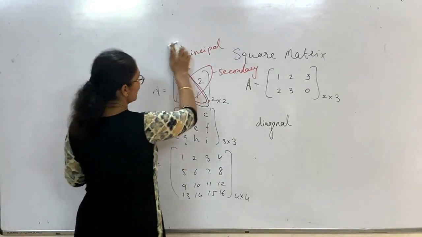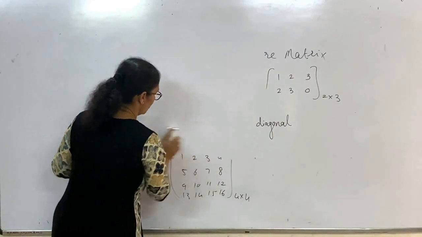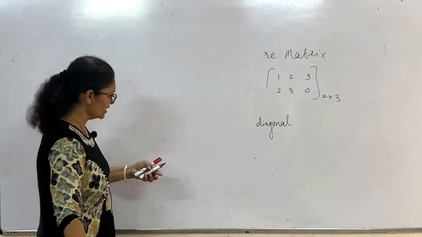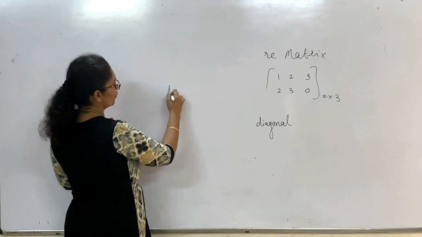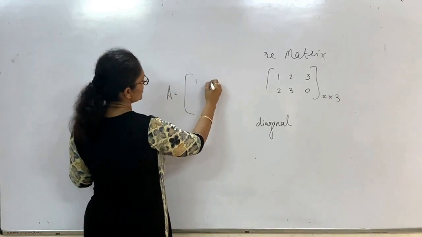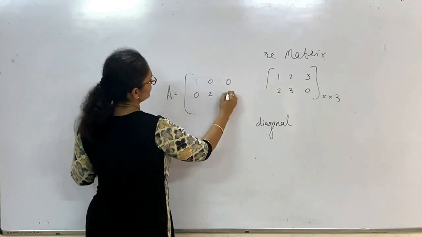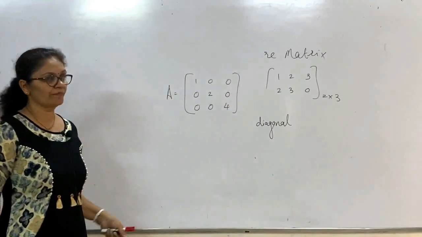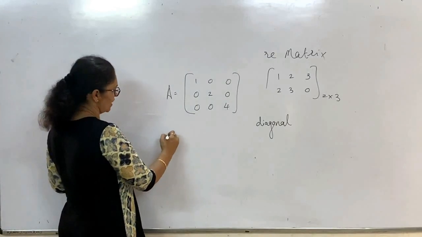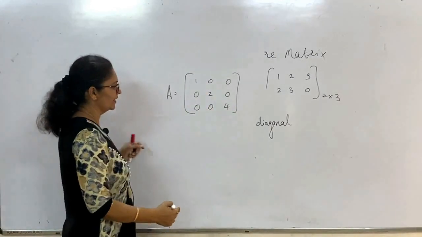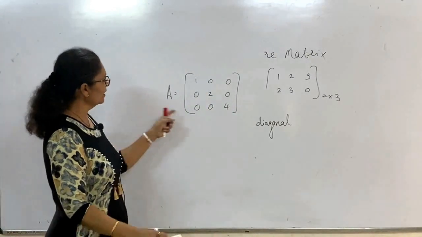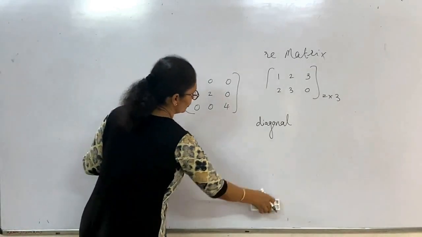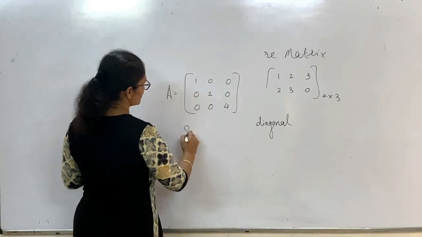Now we discuss the diagonal matrix. What do you mean by diagonal matrix? It is one in which the rest of the elements are 0 and only the diagonal is present. This is called a diagonal matrix. In the same way, a scalar matrix also has a diagonal, with the remaining elements 0. It is a square matrix.